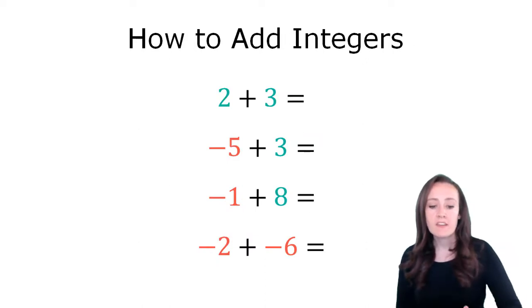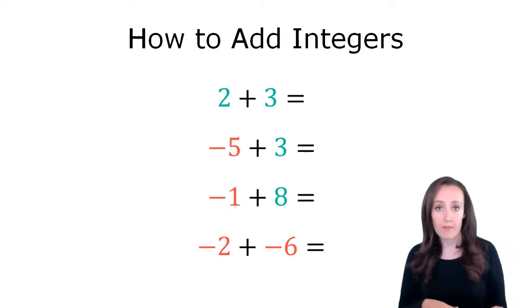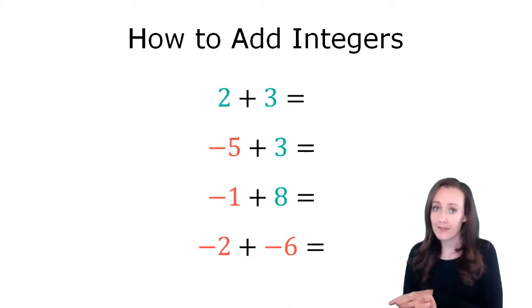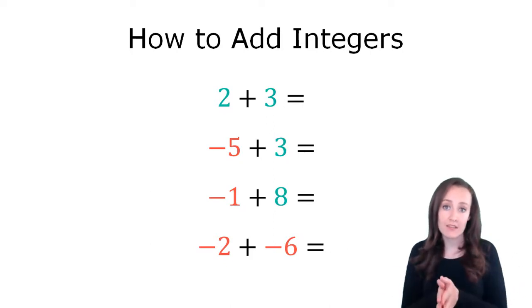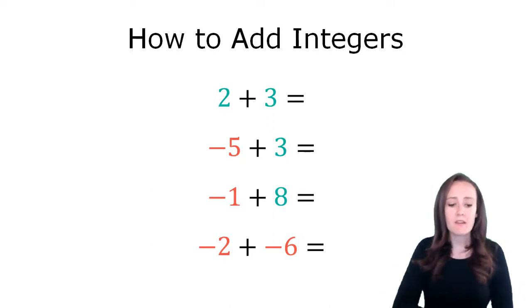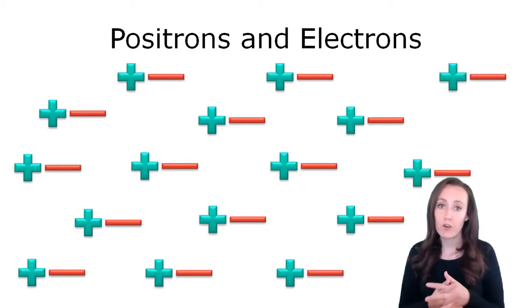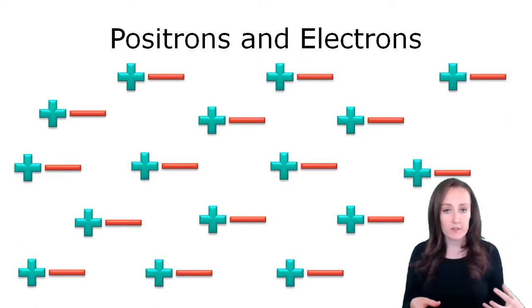So when we're adding integers, we have several different situations that we could have. We could have a positive plus a positive, we could have a negative plus a negative, or we could have a negative and a positive that are added together. And in all of these different situations, I like to use a positron and electron analogy to help me understand how this works.